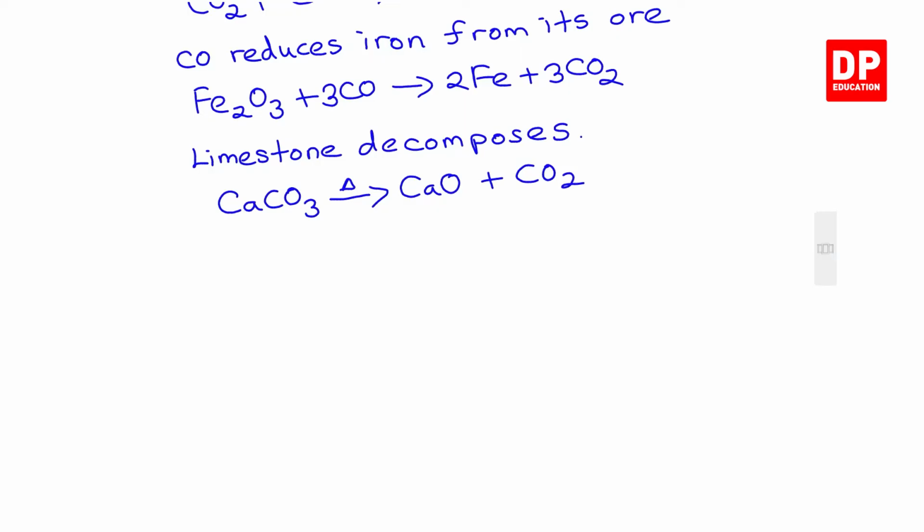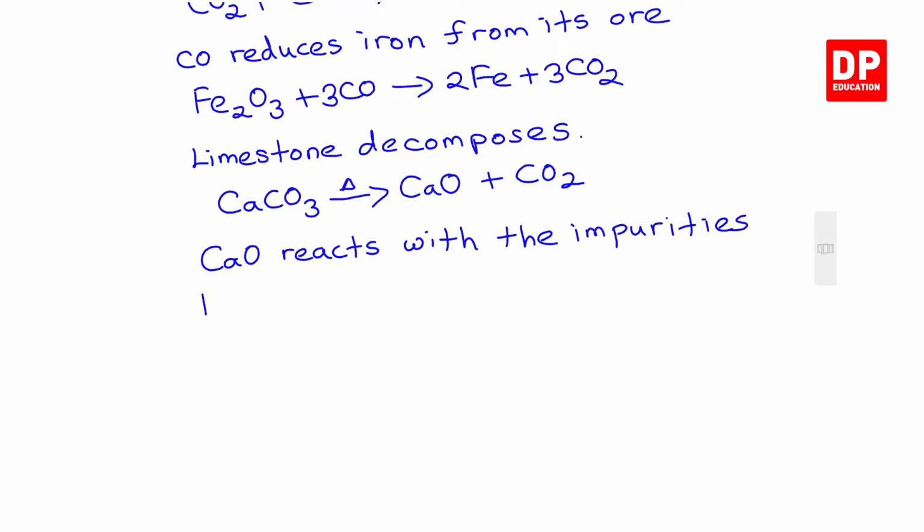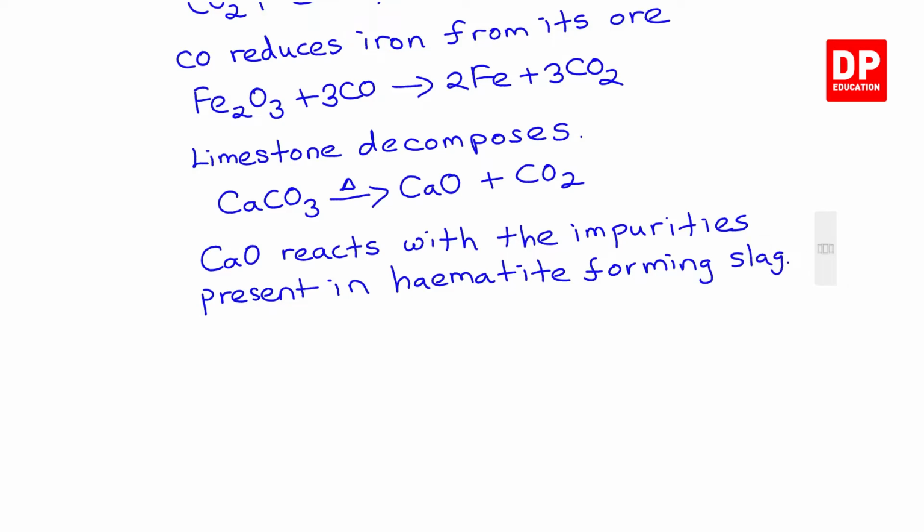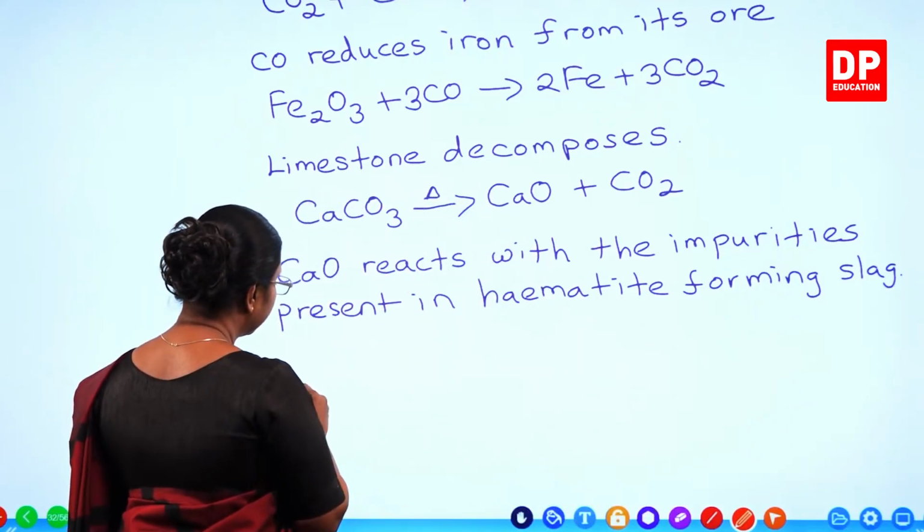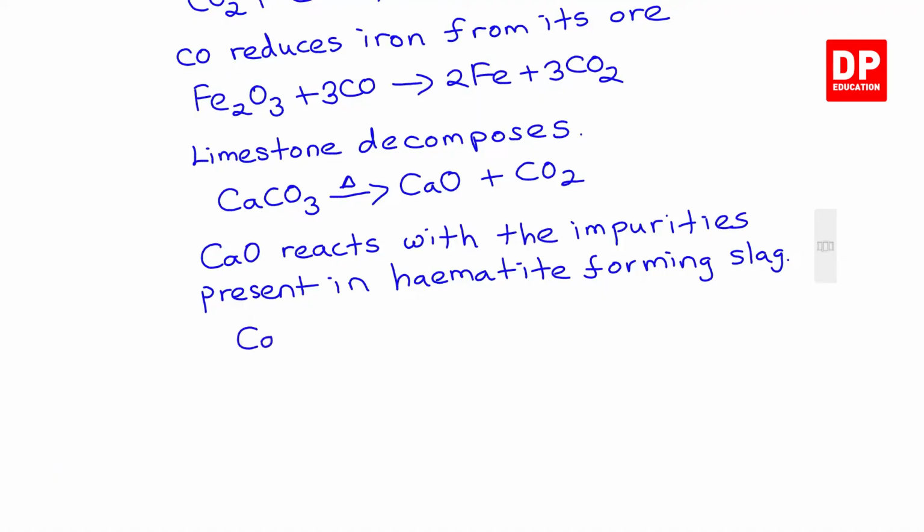So here, calcium oxide reacts with the impurities present in hematite, forming slag. So there are 2 reactions. What are the impurities? Calcium oxide first.